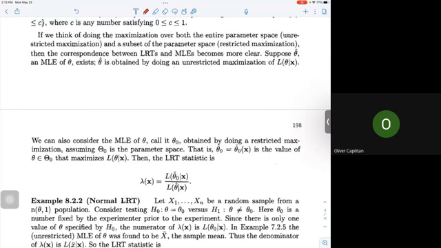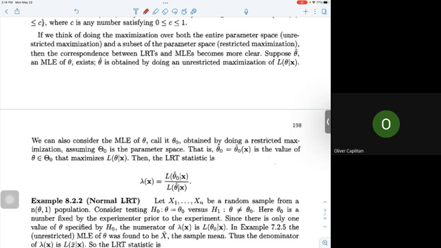Then we have an alternative likelihood ratio test statistic. This is now in terms of the maximum likelihood estimates. So we have lambda of x equal to this fractional expression. We have now the likelihood function of theta hat sub 0 given our sample x divided by the likelihood function of theta hat given our sample point x.